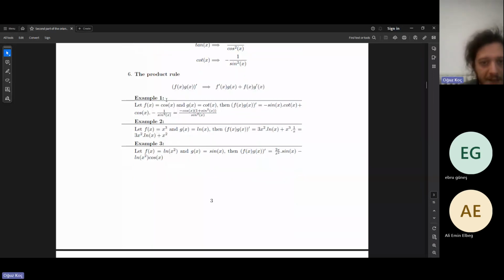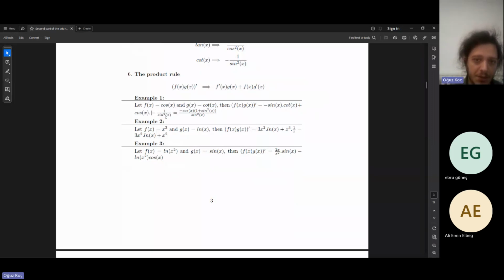And there is an example for this. We have two functions here. The first one is cos x, and the second, g of x, is equal to cotangent x. Then the derivative of the product of these functions is equal to the derivative of the first function, which is minus sin x, times the second function, plus the first function itself and the derivative of the second function.